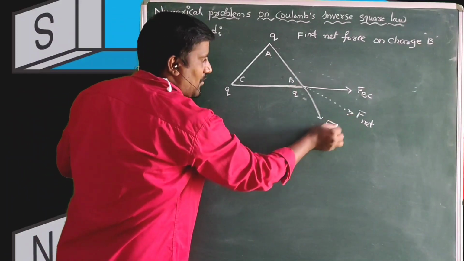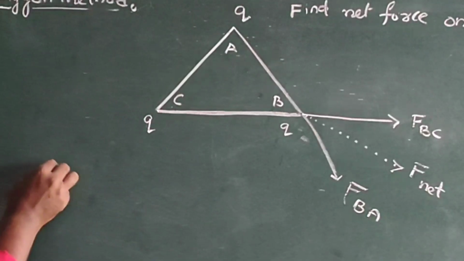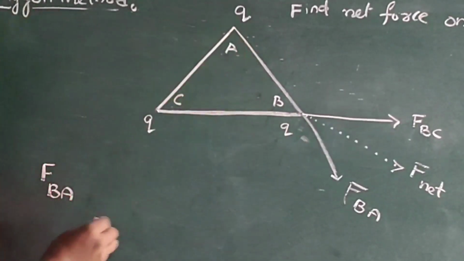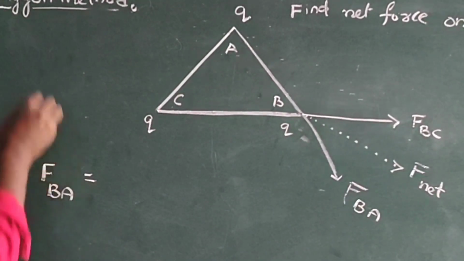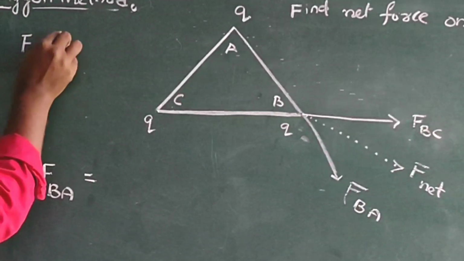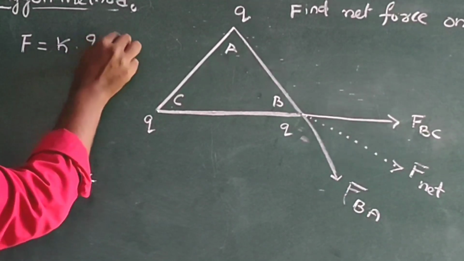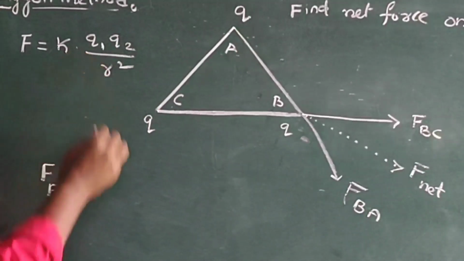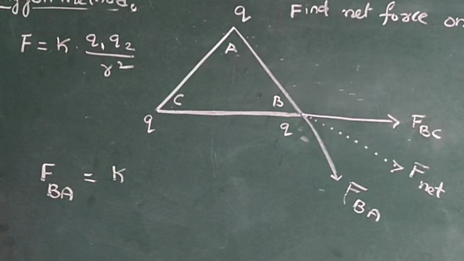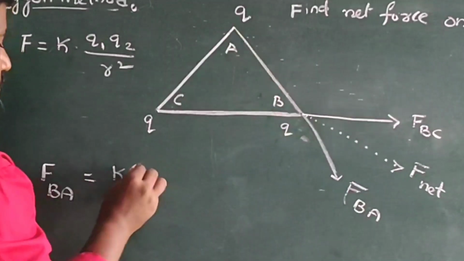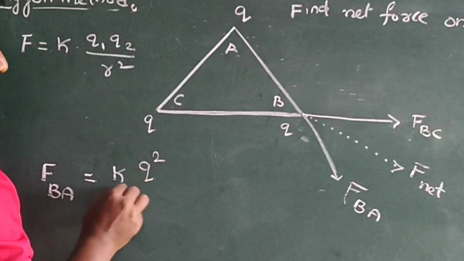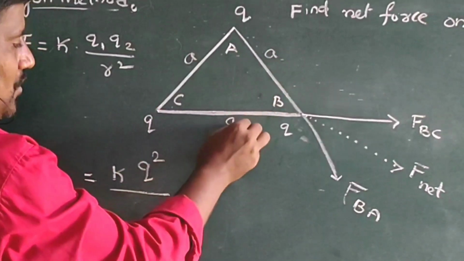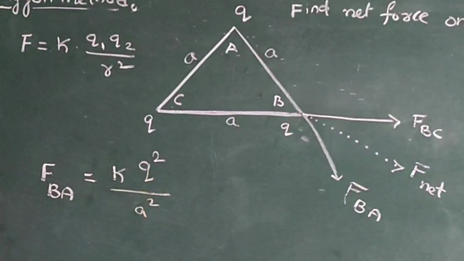To find F net, first we calculate F_BA, the force on B due to charge A. According to Coulomb's inverse square law, F = K Q1 Q2 by R square. Here K value is 1 by 4 pi epsilon naught, Q1 Q2 is Q into Q, that is Q square, and this is an equilateral triangle, so the side length I consider a, so that is a square.